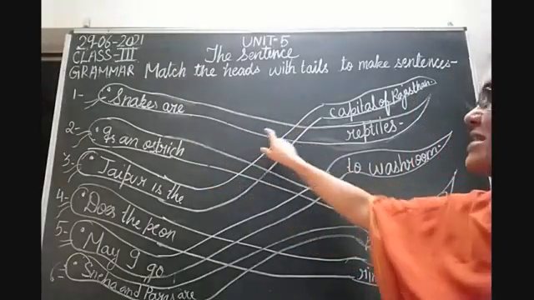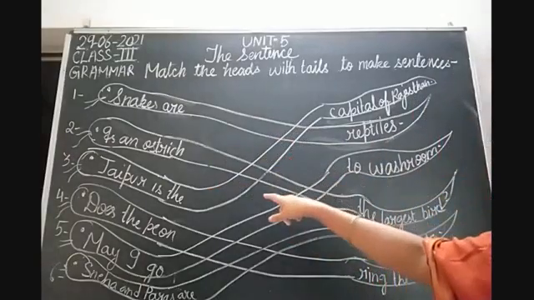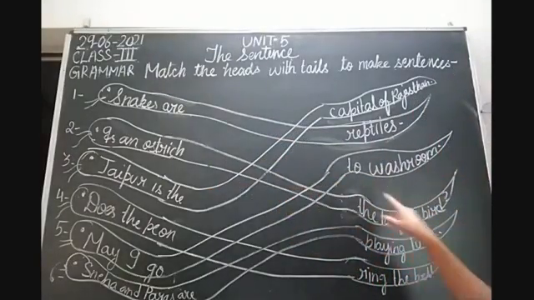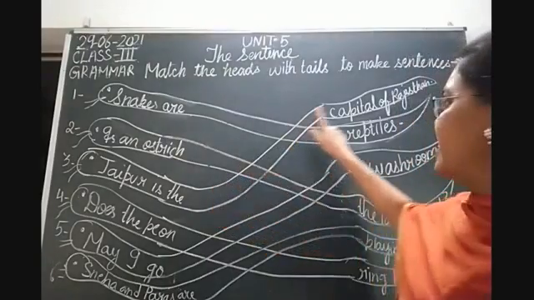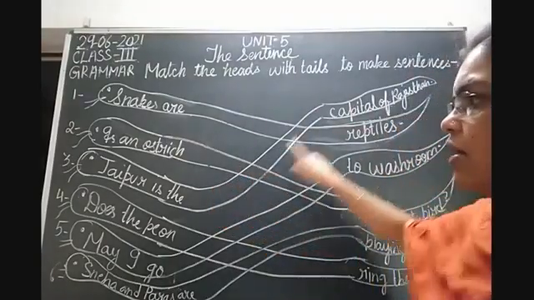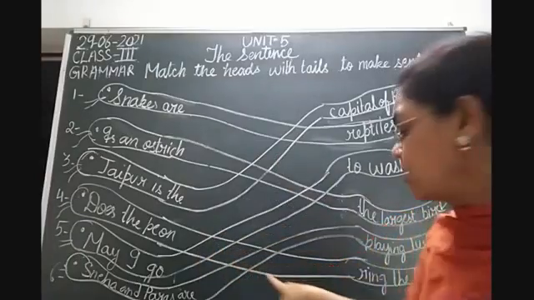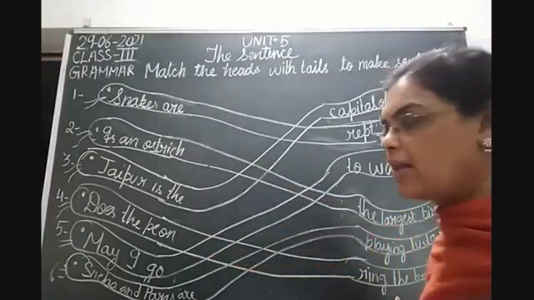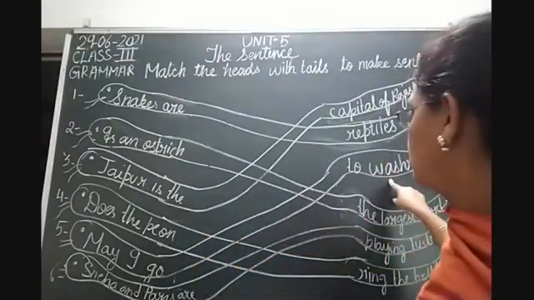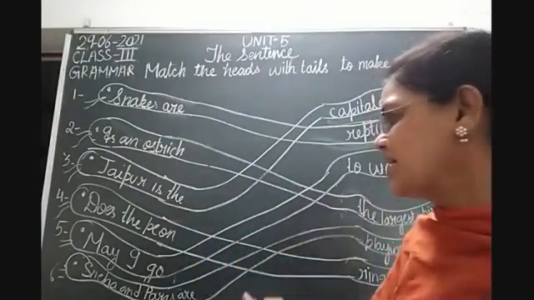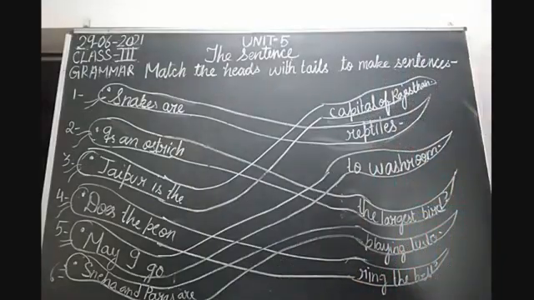First simple sentence says snakes are reptiles. Second, is an ostrich the largest bird? Third, Jaipur is the capital of Rajasthan. Fourth, again a question, does the peon ring the bell? Fifth, may I go to the washroom? And sixth, Sneha and Paras are playing Ludo.